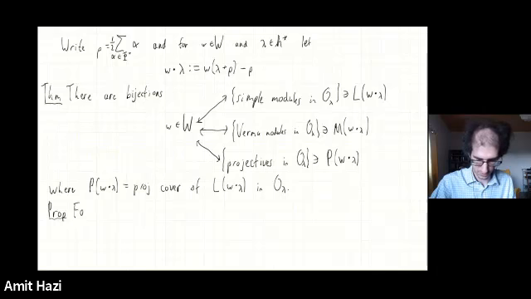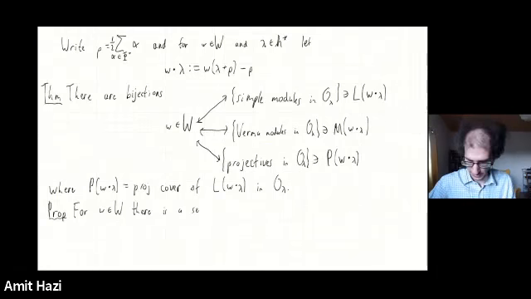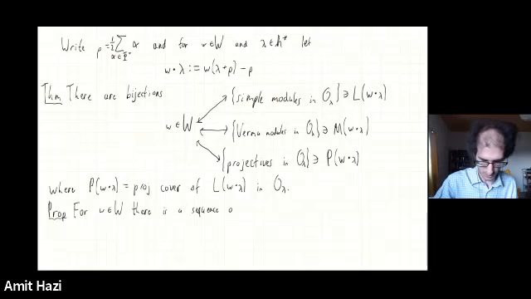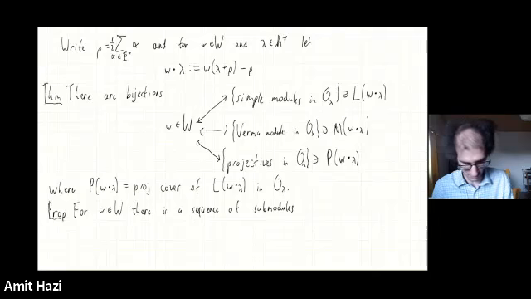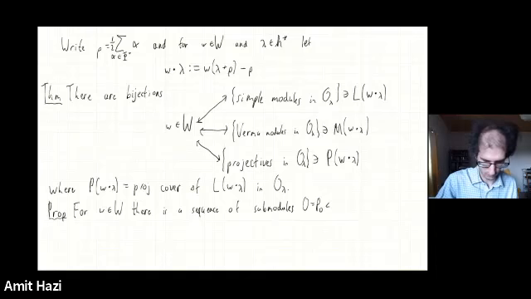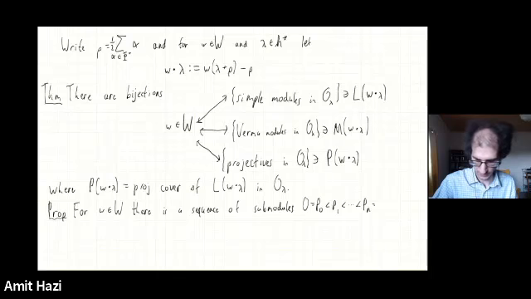So for little w inside the Weyl group W, there is a sequence of submodules that starts with 0, P1, dot dot dot, etc., to, I don't know, Pn, which is equal to this projective cover, P of w dot lambda.